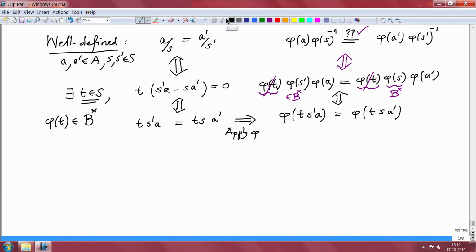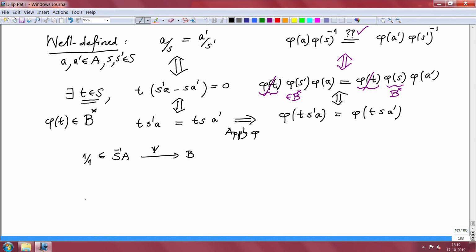Now we have to prove it is a ring homomorphism. First, where does 1 go? So 1 is 1 by 1. This is the multiplicative identity in S inverse A. And where does it go under that psi we have defined?